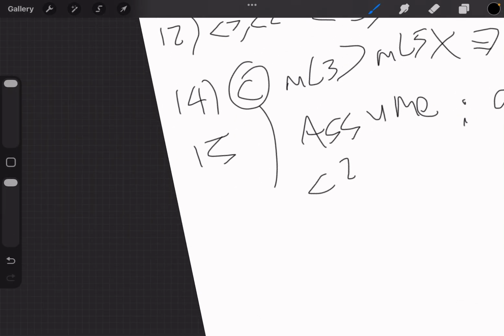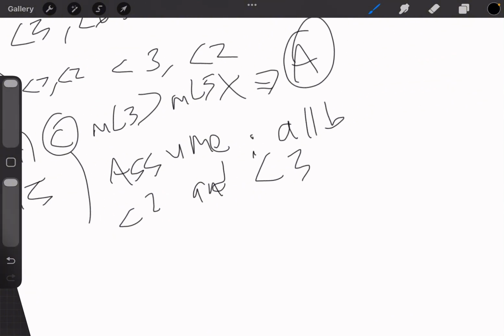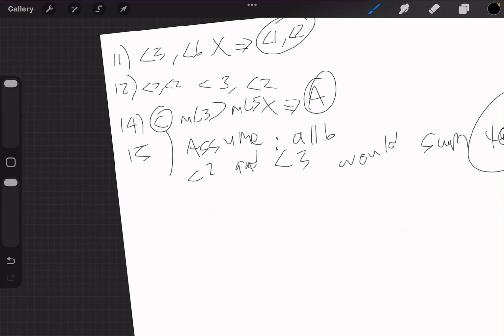So angle 2 and angle 3 would sum to 180. And the reason why they would sum to 180 is because they're perpendicular lines, which means when they're combined they sum to 180.